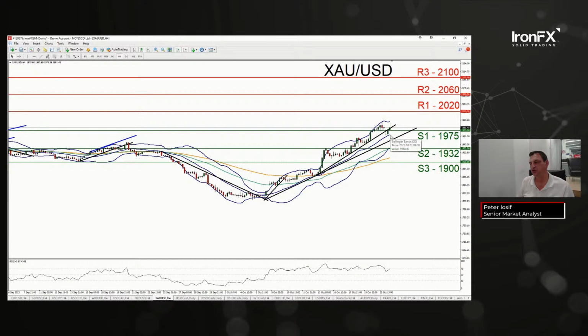All 3 major moving averages, we're talking about the 20 moving average, which is the median of the Bollinger Bands, the 50 moving average, which is the green line, but also note the orange line, which is the 100 moving average, are pointing upwards. Everything is pointing upwards here. I think we're going to be seeing gold rising even further and starting to aim for the 2020.